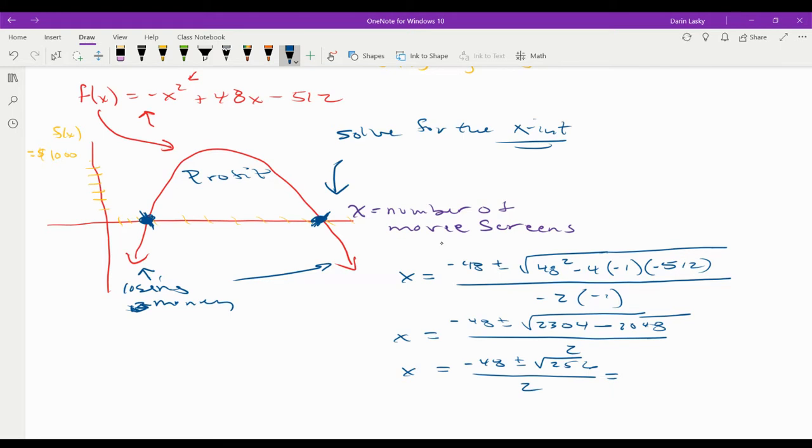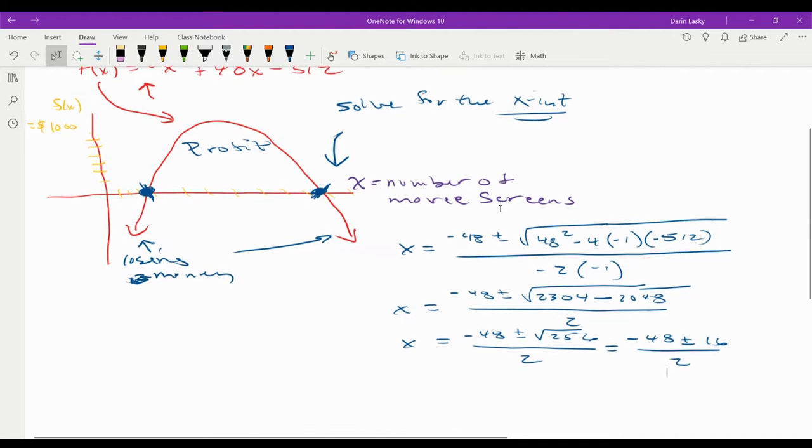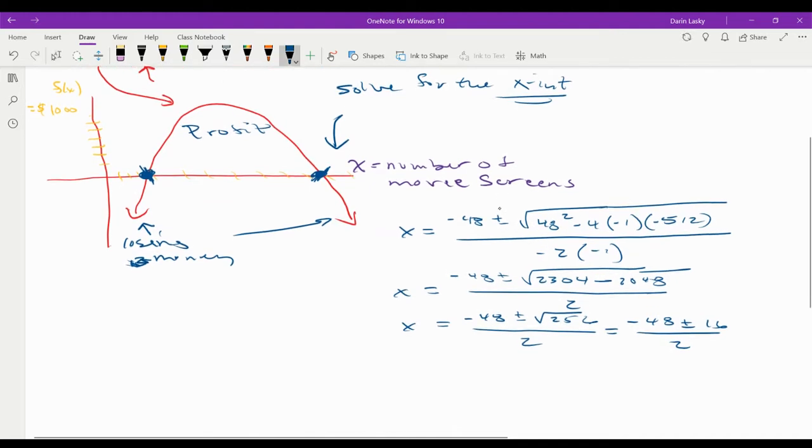So we got negative 48 plus or minus 16 all over 2. Well, if we keep going with this, divide 48 by 2 is 24. 16 by 2 is 8. So we get negative 24 plus or minus 8.